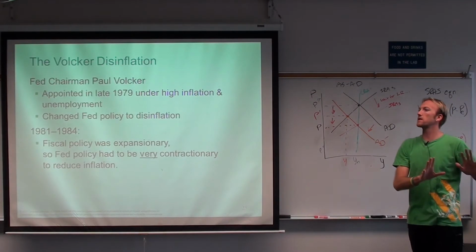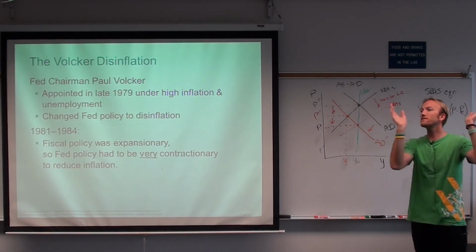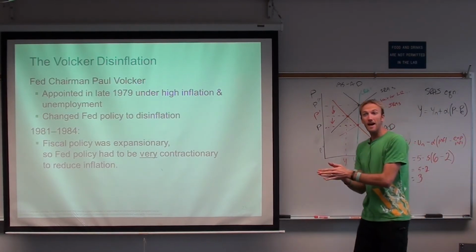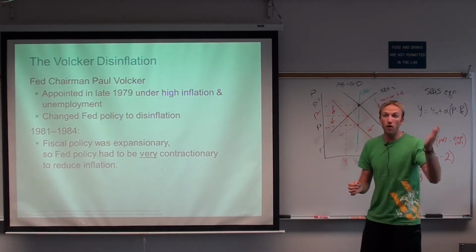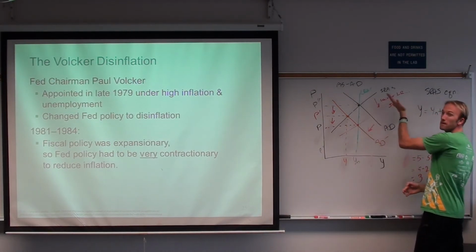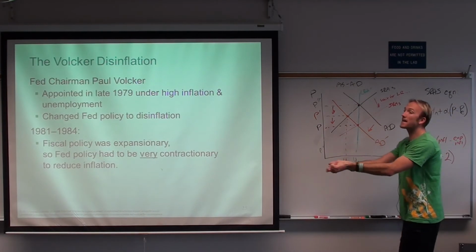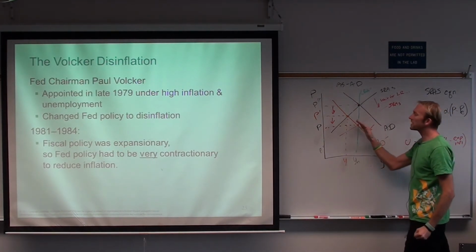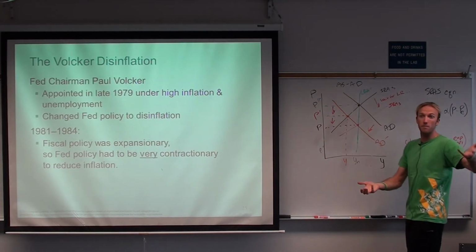He couldn't convince the government to stop spending money, right? So the problem is the government was still spending money, so he had to overcome the federal government also, because the federal government was still trying to spend money to pump up the AD curve. And he's like, no, I got to bring down the AD curve. So he had to take out money, not only just to move the AD curve, but also to overcome the extra government spending that the government was doing, right?